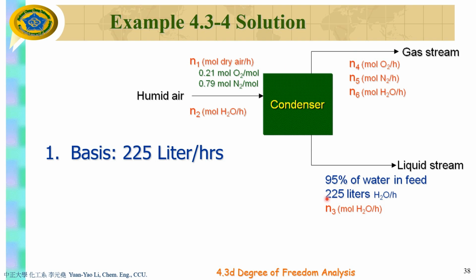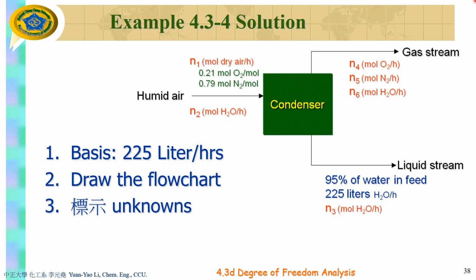This is only the numbers, which is the liter or volume, whatever. Okay, this is the basis you choose, the 225 liters per hour. And then you draw the flow chart as the description tells you, and then you label the unknowns. You have 6 unknowns.